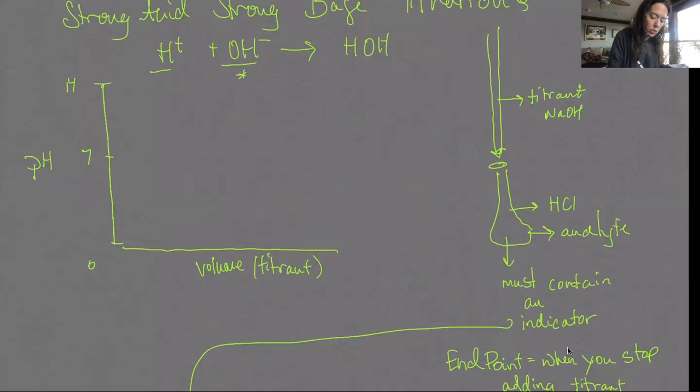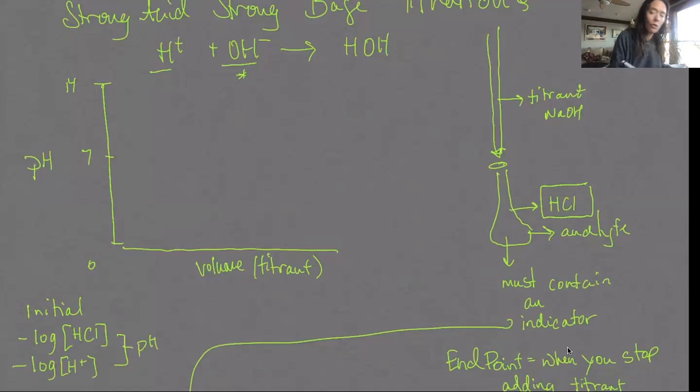And that pH would strictly be based off of the negative log of the concentration of the HCl, because that would be equal to the negative log of the concentration of the H, right? So the initial pH would be very simple to get. We already talked about that when we talked about acid-base reactions.